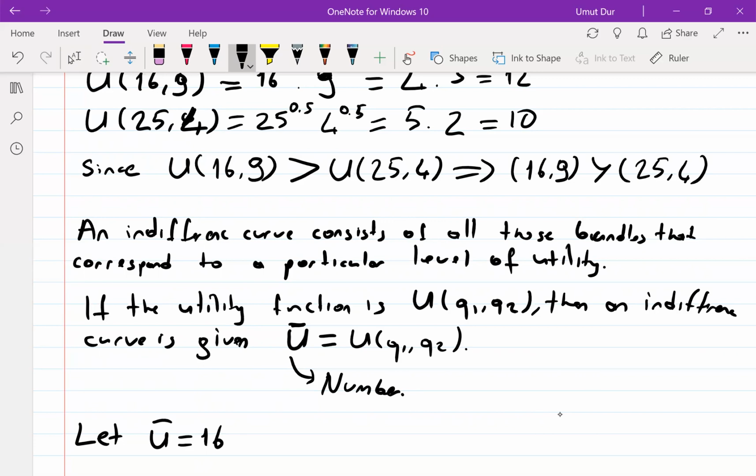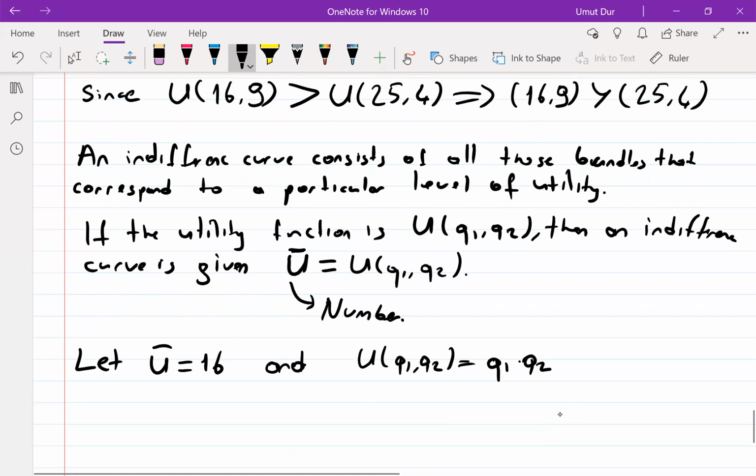Suppose the utility function is given as q1 times q2.